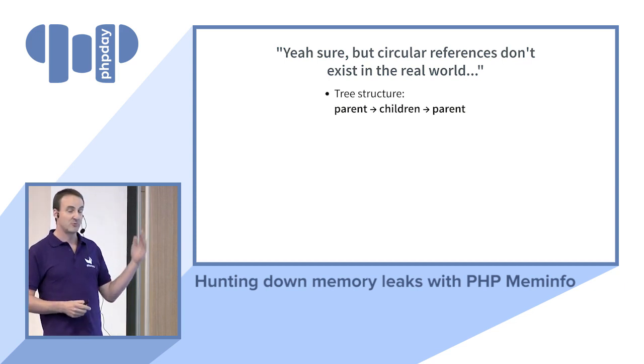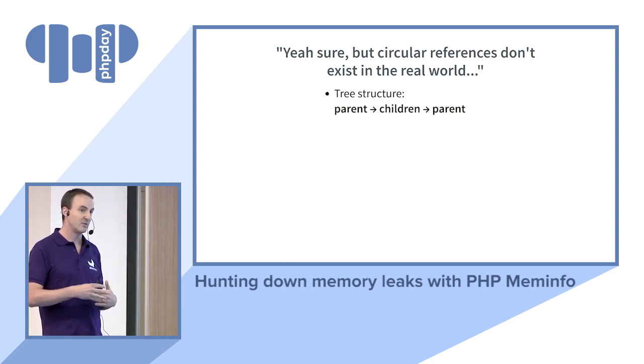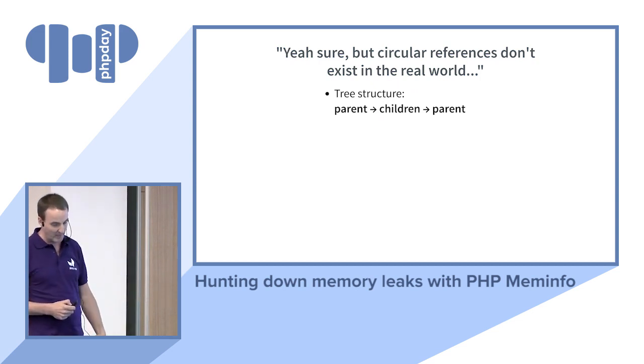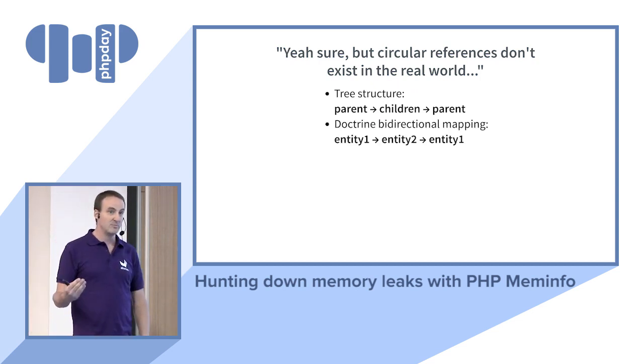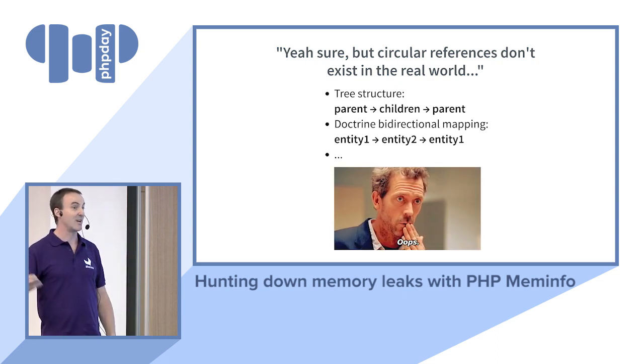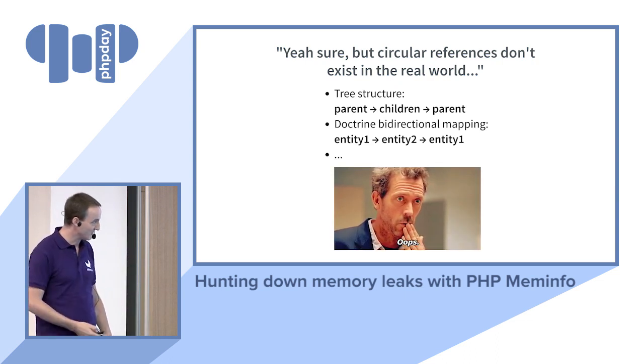For example, when you have a tree structure, often you want to have a bidirectional relationship between objects. In this case, you have a circular reference, or maybe more circular references. Same thing when you're doing bidirectional mapping with Doctrine. You will have circular references between your entities. So yes, there are a lot of circular references in our world.